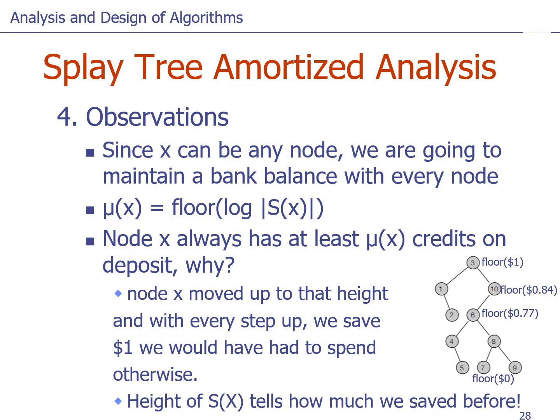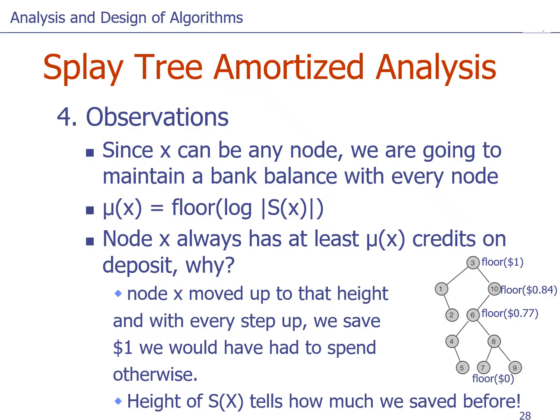Okay? So if you look at the figure on the bottom right, I will open a bank balance for every one of the nodes, and the content of that bank balance is the log of the number of elements in that subtree.